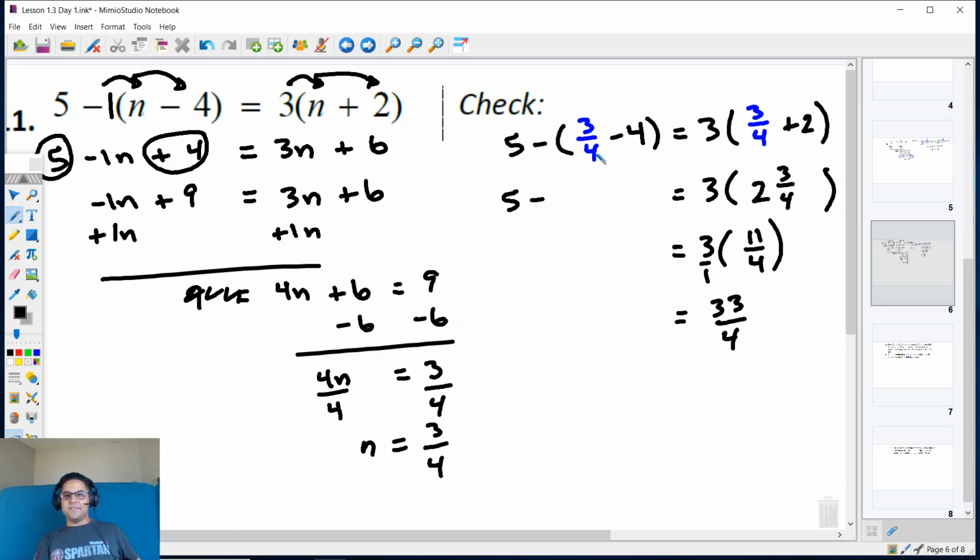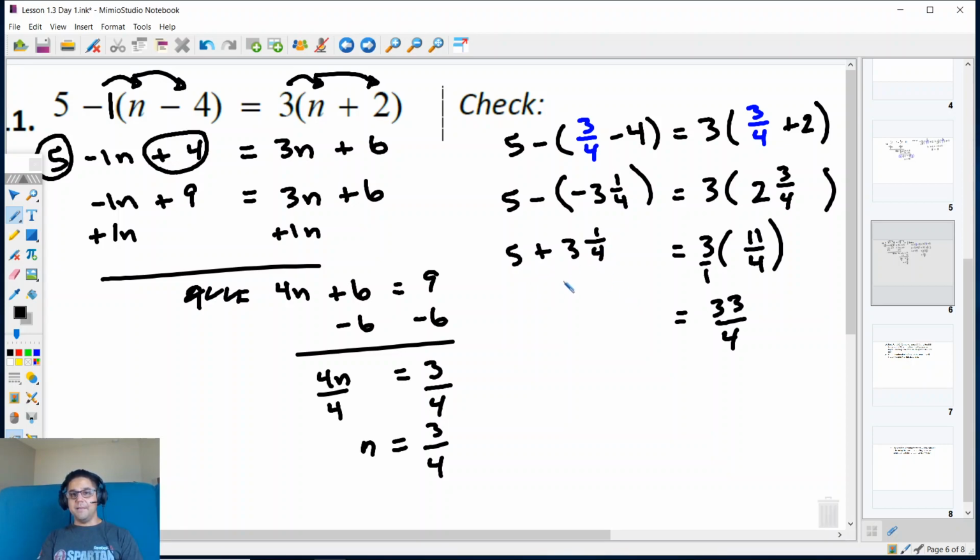Now over here, can't really do that as well, but some of you may be thinking, well, this is like 75 cents. So it's going to be negative. And if you think about 75 cents, that's really $3.25 when you subtract it. So that's really 3 1/4, which would really give me 5 plus, because negative times negative is positive, 3 1/4.